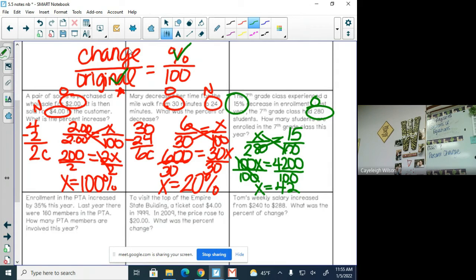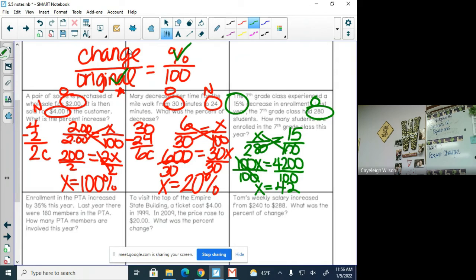Now, here's my question. Does it make sense to you all that if they had 280 students last year and they now have 42 students, you have to subtract them because it was a 15% what? Decrease. It was a 15% decrease.